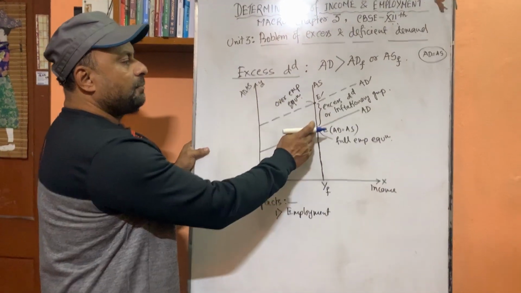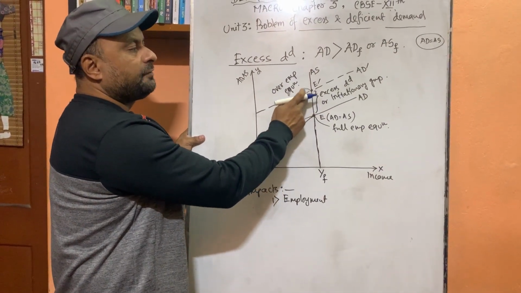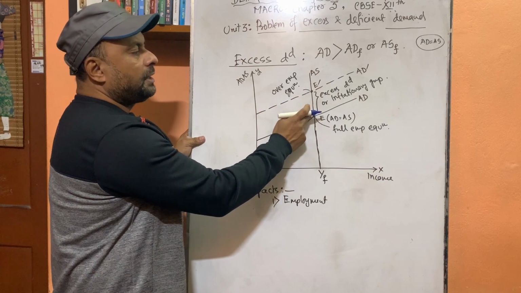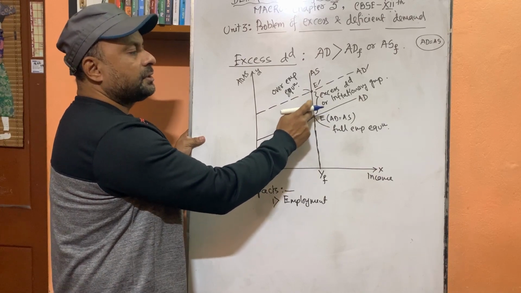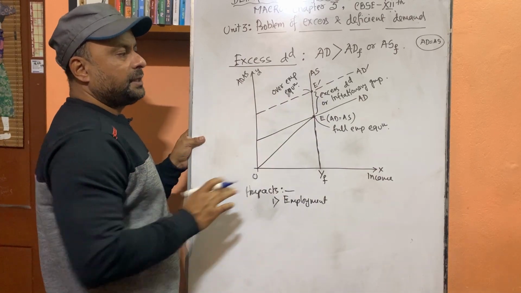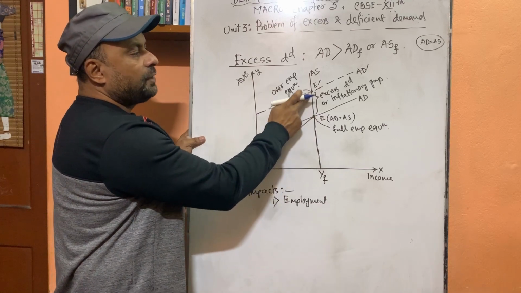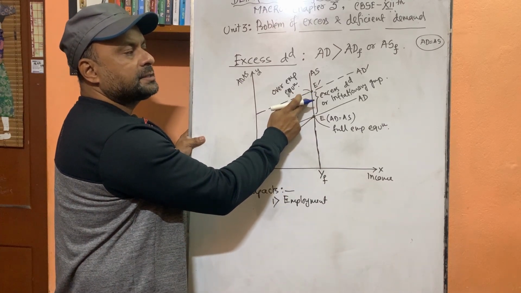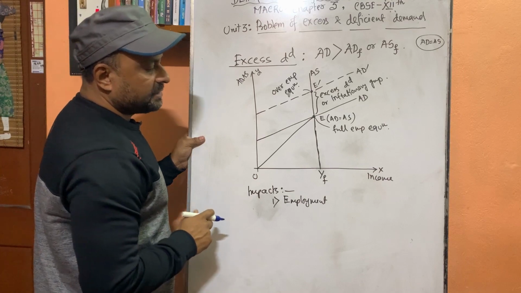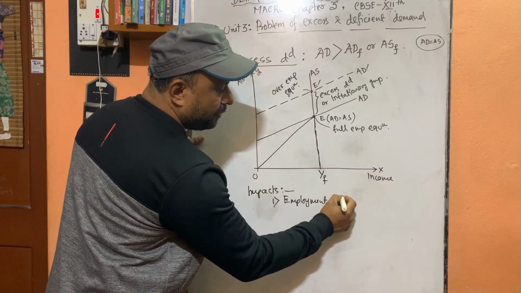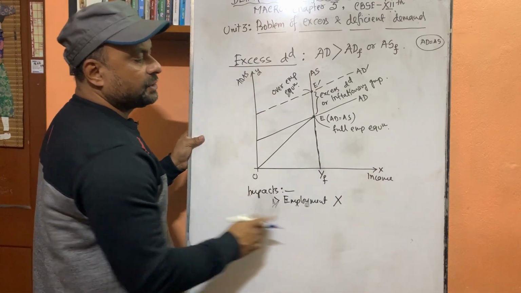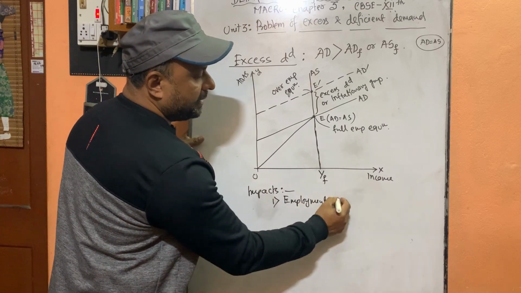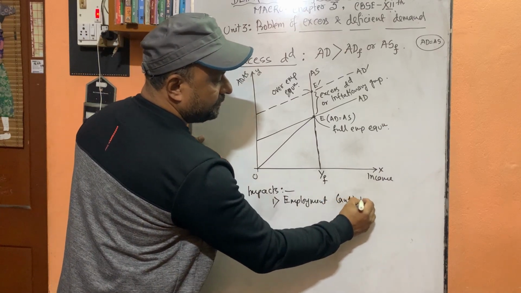After full employment, there is no scope of giving more employment because all the unemployed resources and people are already employed. So in the excess demand situation, the level of employment cannot be increased. It will remain the same.